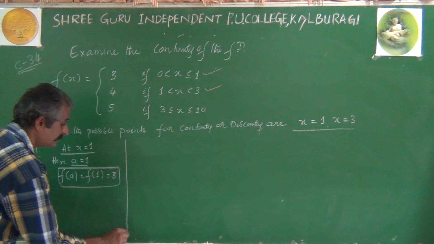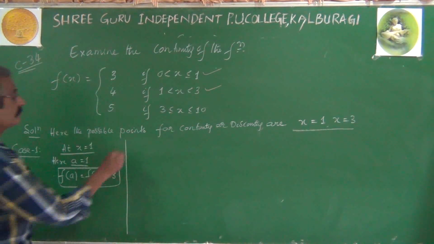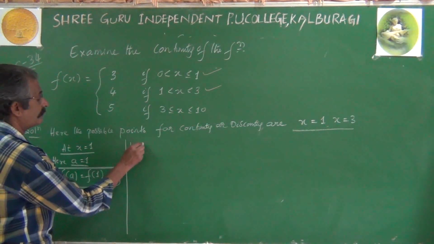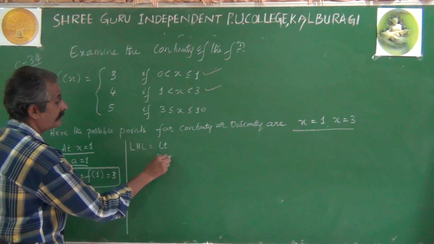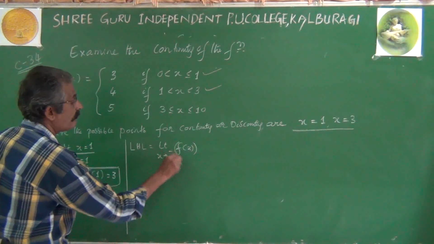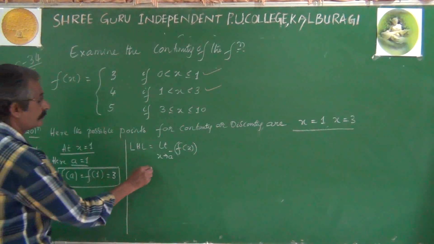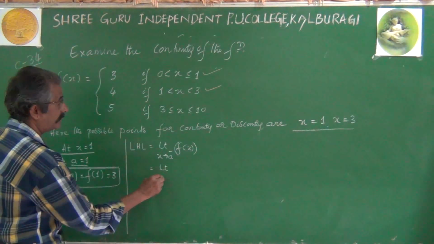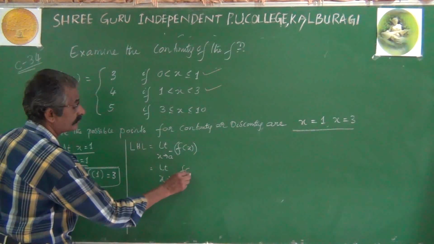Let's find the left hand limit and right hand limit. LHL, limit x tending to a minus of f of x. That is limit x tending to 1 minus of f of x.